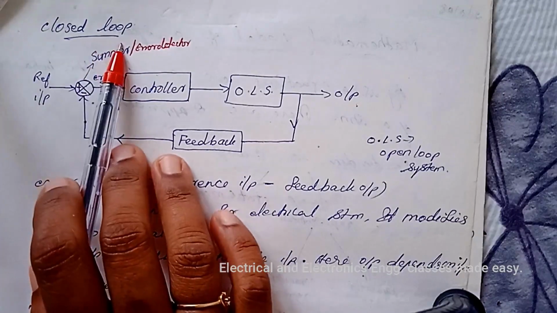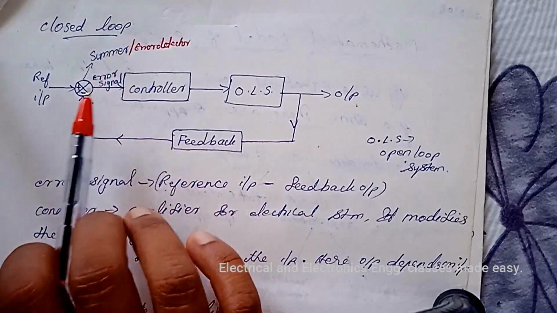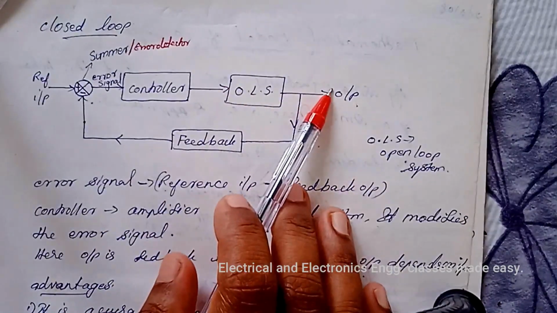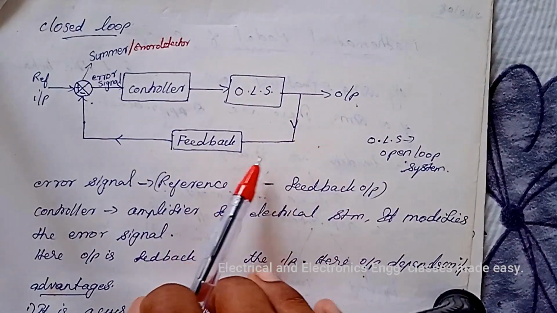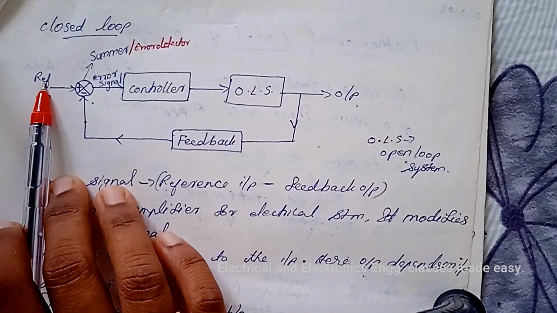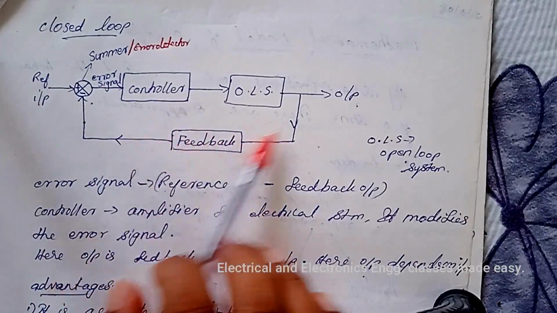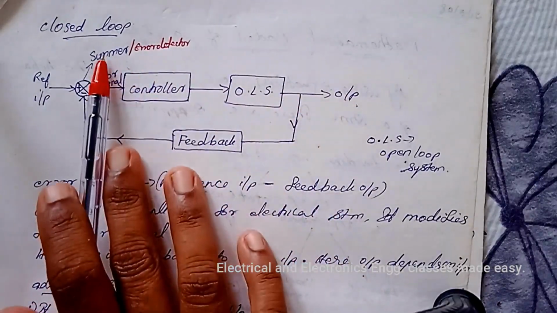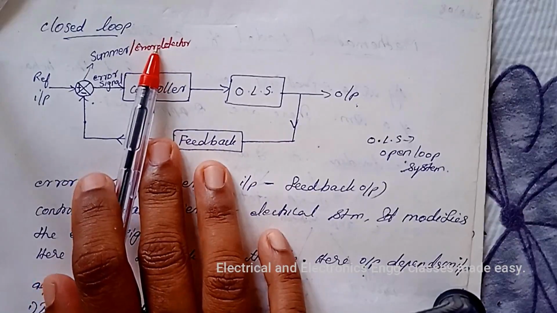Next is closed loop system. The control systems in which the output quantity has an effect on the input quantity in such a manner as to maintain the desired output value are called closed loop systems.